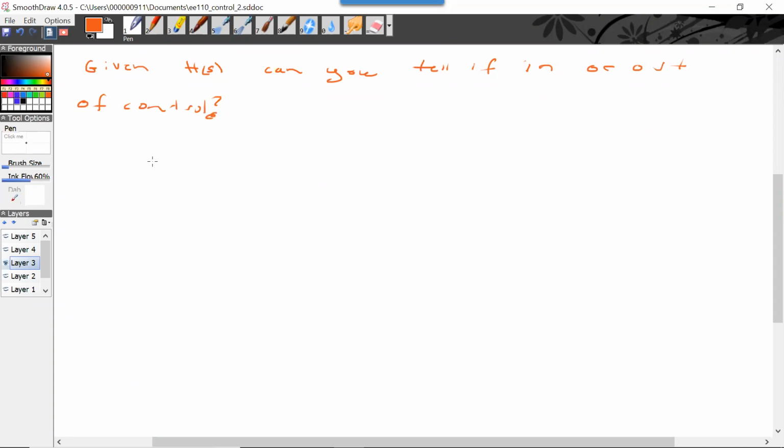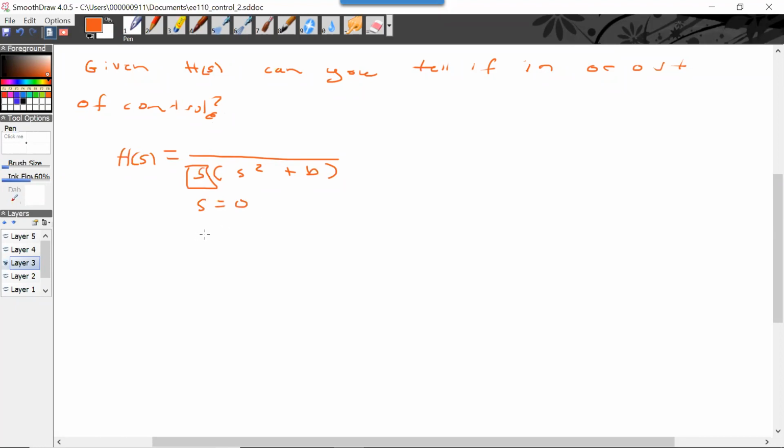All right. So, in fact, this is easy to tell it's out of control because rather than s cubed plus bs, I have an s right there, and you can tell that there's a root, I mean a pole, right at 0.